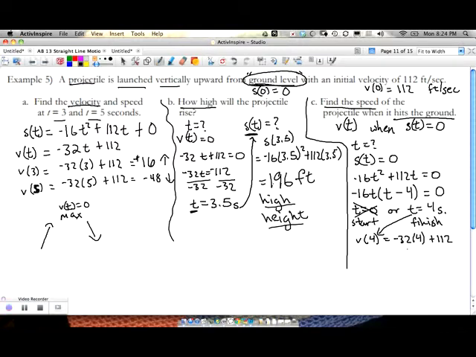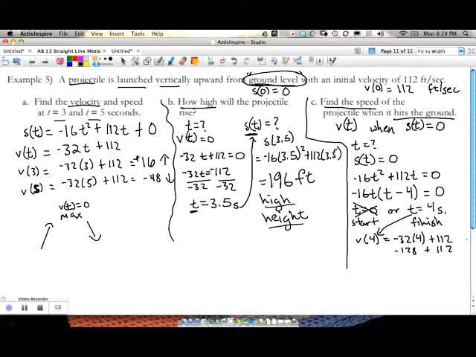If we're to simplify this, we'd have, oh man, what are we going for here? Negative 32 times 4. Oh, plus 112. Oh, that's right. So velocity of 4, this is going to be negative 1, I can't even think right now. It's going to be 128. Something seems a little off here.